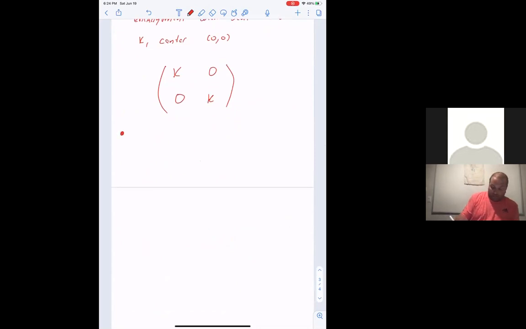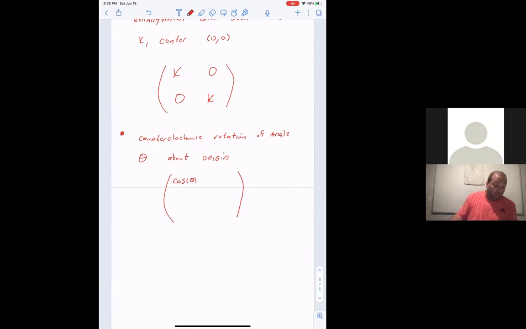Next, we will have a counterclockwise rotation of angle theta about the origin. And this one looks very similar to the reflection, with a couple differences.